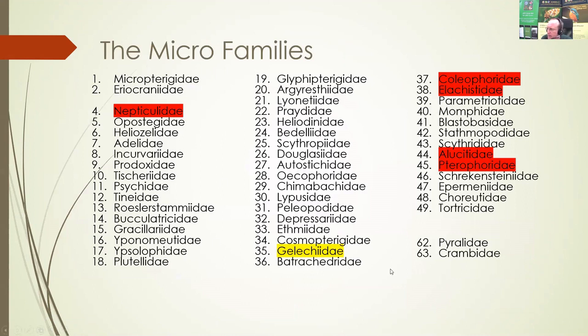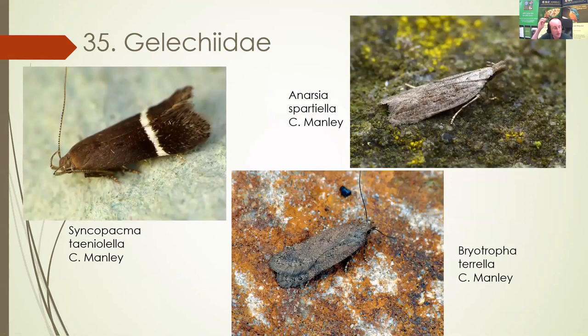So the Gelechiidae, this is the group that was really problematic in my early days because there was really no literature on them at all. It's a big family. They tend to be fairly slim. They tend to sit with their wings flat across their backs. There are a few that don't. And they have fantastic palps, usually really long, pointy palps.